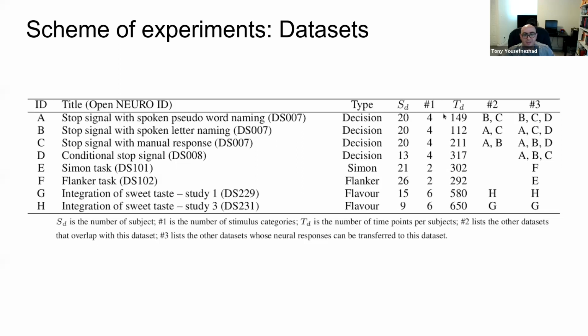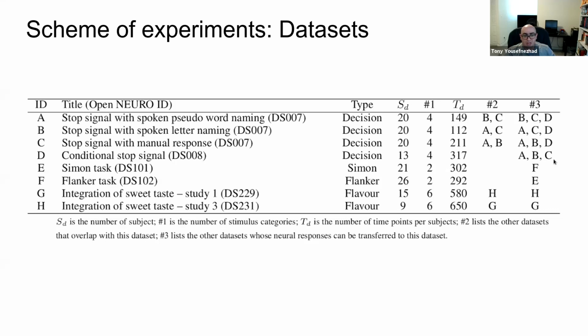For instance, for A, we have common subjects with B and C, and the same for the others. We also have a 4th data set, this 008, which is the same task but doesn't have the same set of subjects, but is related to A, B, C.